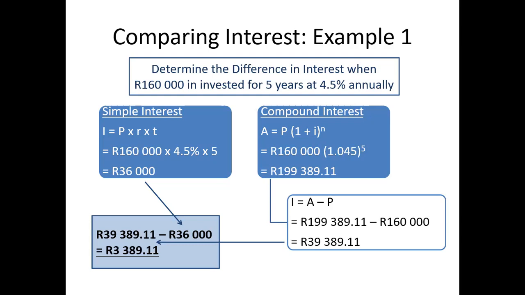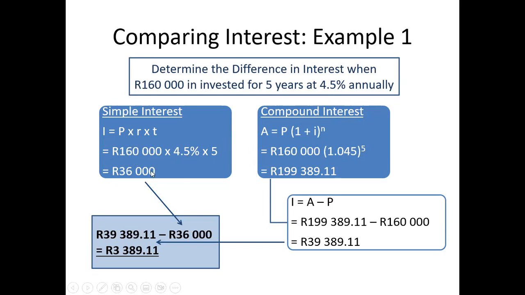The difference in interest when you have this option of investing it either as simple interest or as compound interest. First thing we do is we write down the two formulas, and then we simply replace the values. The 160,000 principal amount is given. The interest rate 4.5% is given, and the period 5 years is given.